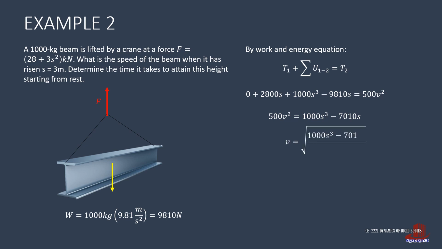From this point, velocity is then computed as the root of 1000 s cubed minus 7010 s all upon 500. So if we let s equal to 3 meters, we get the velocity as 3.455 meters per second.